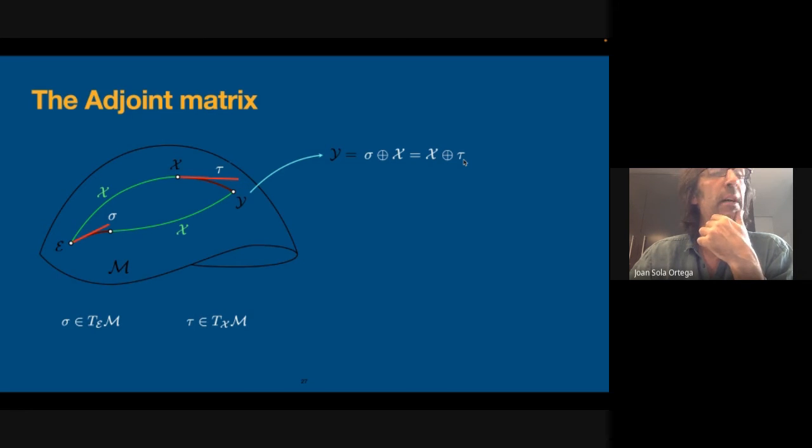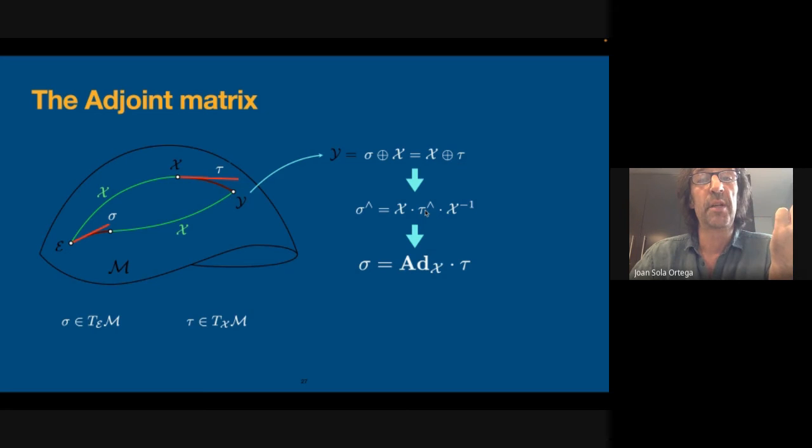And if you manipulate these expressions a little following the definitions, you arrive at this form. If you stay in the Lie algebra form of sigma and tau, you see the hat here, this is the Lie algebra form. But if you express sigma and tau as vectors, because this is a linear form, this linear relation can be written as a matrix.